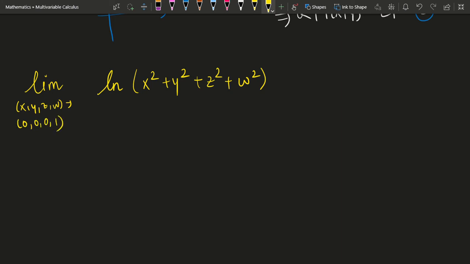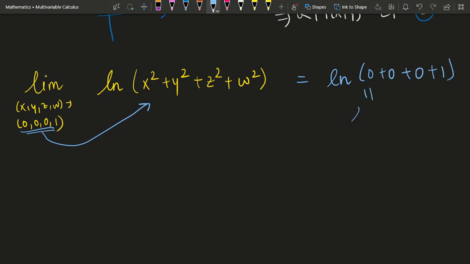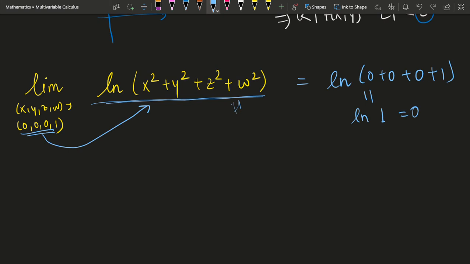If you plug this number right here in, you would arrive at natural log of 0 plus 0 plus 0 plus 1, and since the log of 1 is just 0, you get that the limit of this function is equal to 0 as well.